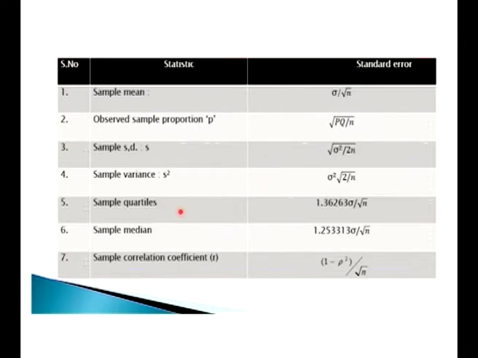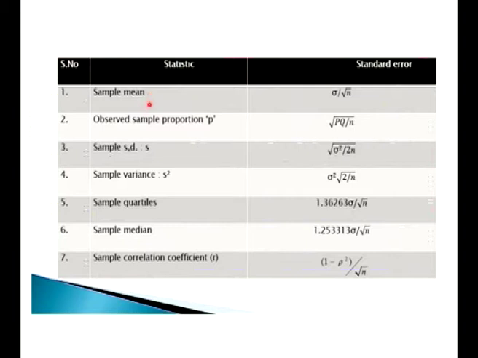Each statistic will be normalized using the normal distribution Z, where Z is equal to (T minus expectation of T) divided by standard error of T. So, all the standard errors which you are seeing in the tabular column will appear in the denominator of the standardization of a particular statistic.